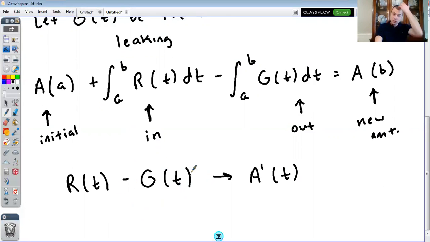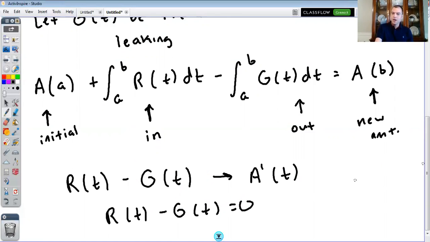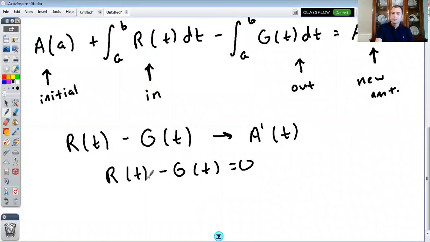If I set R of t minus G of t equals 0, where the two rates are the same, this would represent a critical value for the amount A of t, and would help us to do optimization problems with this. So I can determine where the rates are the same and then analyze the amount at each of the candidates and run the candidate test for optimization. So we can see old derivative concepts being included here too.